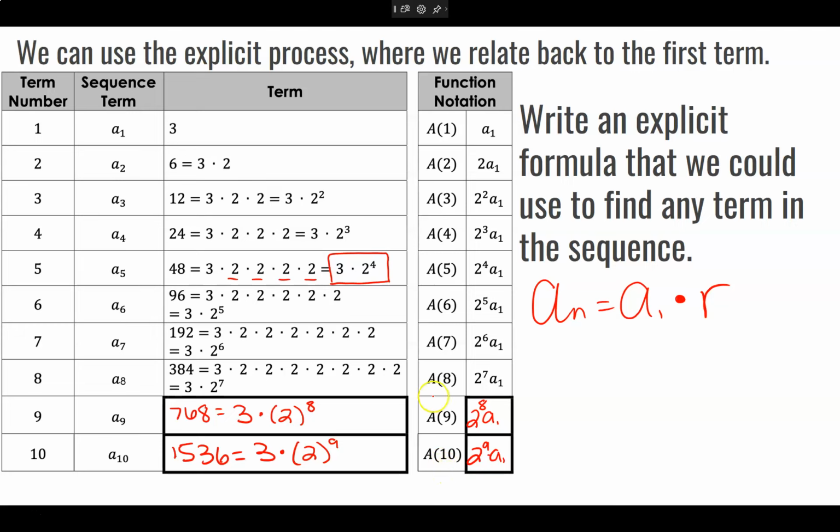To get to the 5th term, my exponent was 4. N minus 1. Good. So for this particular table, we can find any term by using our first value, which is 3, multiplying it by the ratio, which is 2, raised to the n minus 1 power. Again, we do n minus 1 because I already have my first term in here.